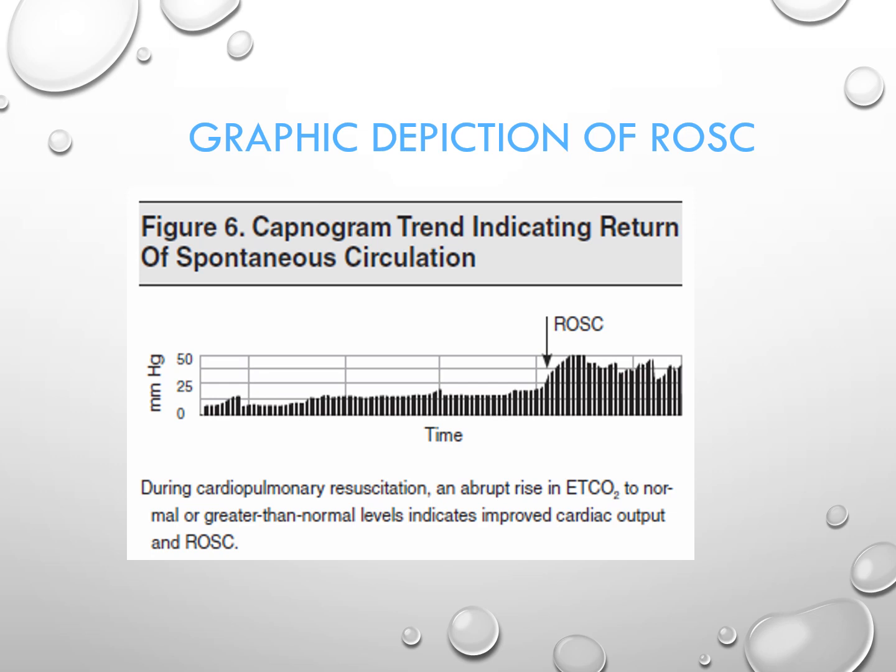And again, the depiction here is you have a sudden jump up in end-tidal CO2, in this case from about the mid to upper teens all the way as high as about 50. The jump there, when it does go up to about 50, maybe a little north of 50, really is showing that there's been a buildup of CO2 in the system, and now the heart is starting to pump blood effectively, and that blood is making it back to the lungs.